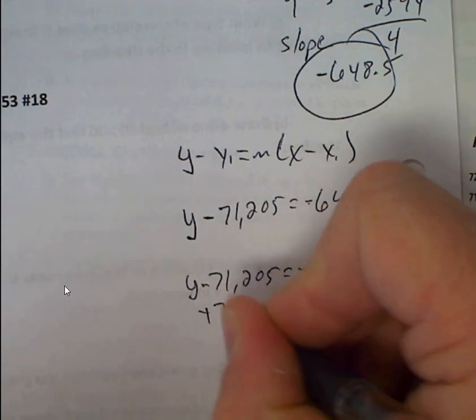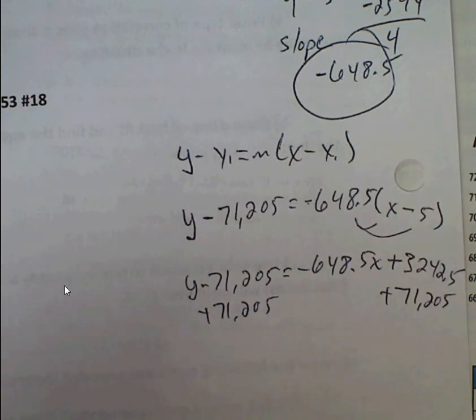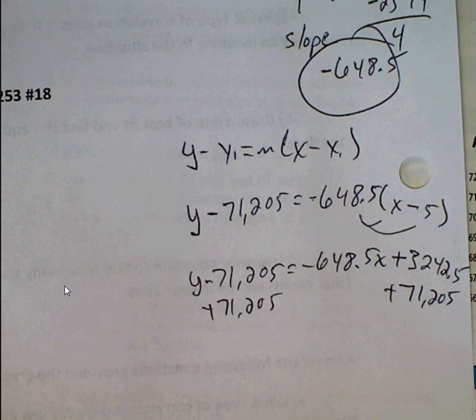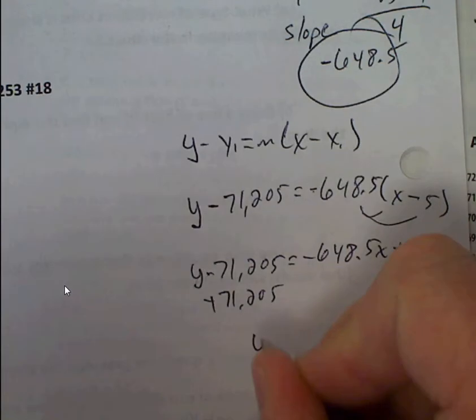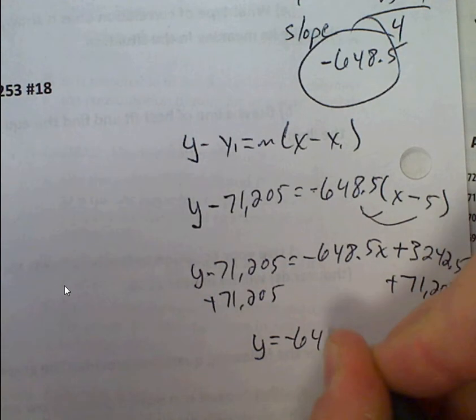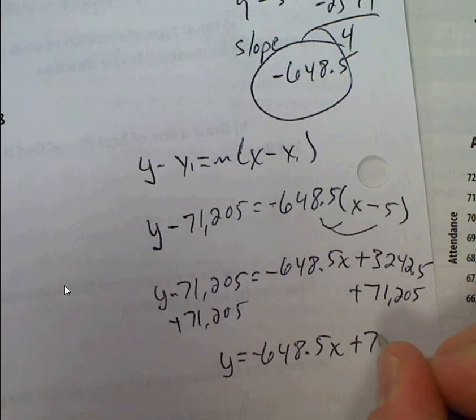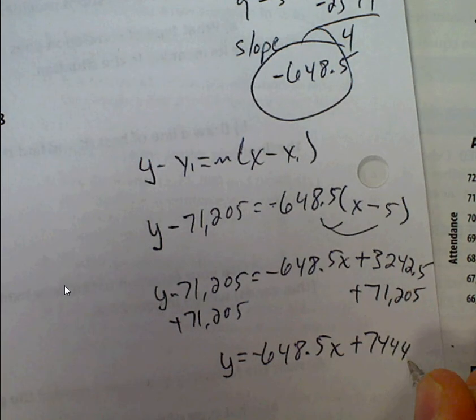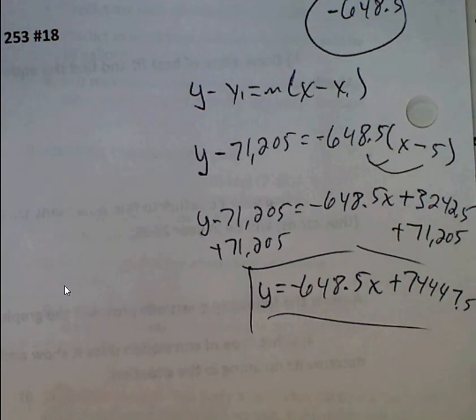I need to bring over 71,205, so I'm going to add that to 3,242.5, and I get y equals negative 648.5x plus 74,447.5. There is my equation. So that is letter A.